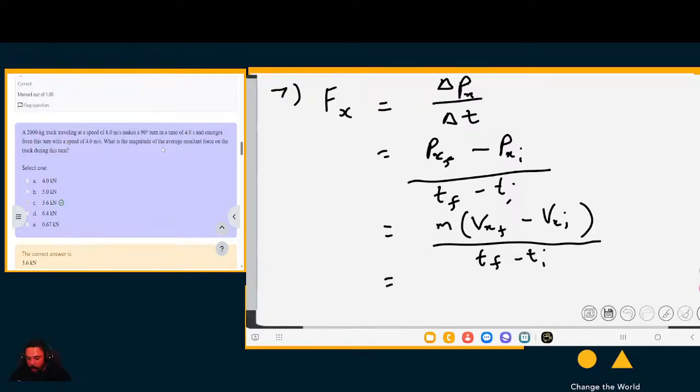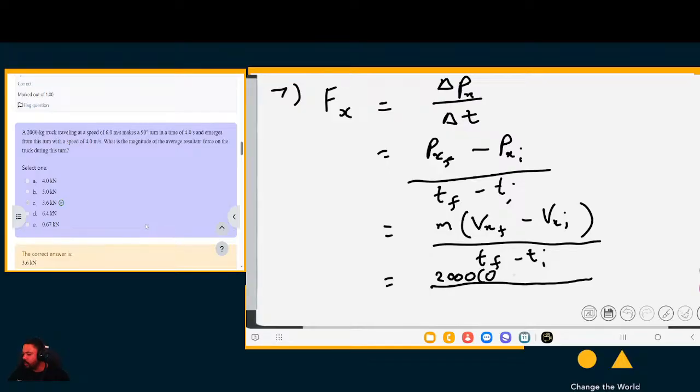So let's substitute all these values in. Okay, I can still see the values. The mass of this truck is 2000. For the final velocity, here is where you need to use your logical thinking. Since it's making a 90-degree turn, the final velocity in the x direction is going to be 0.